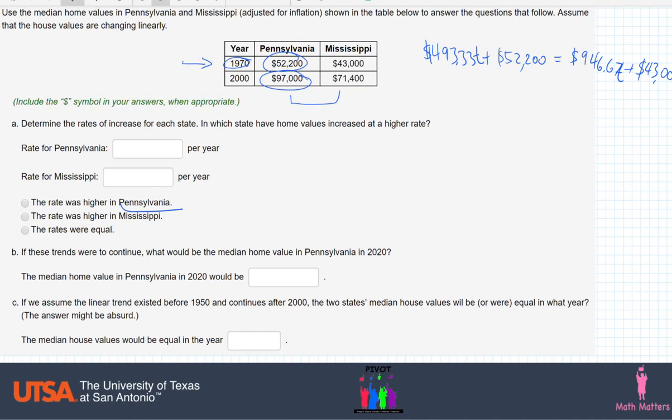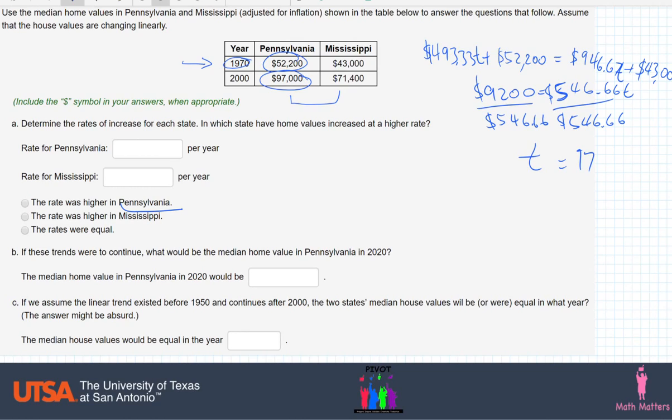So moving the t's to one side and the constants to the other side, we should get 9,000 is equal to 546.66 t, and then dividing both sides by 546.66 should give us t is equal to approximately 17 years.